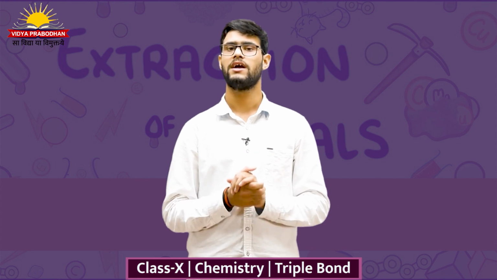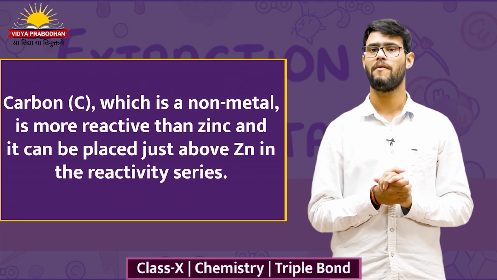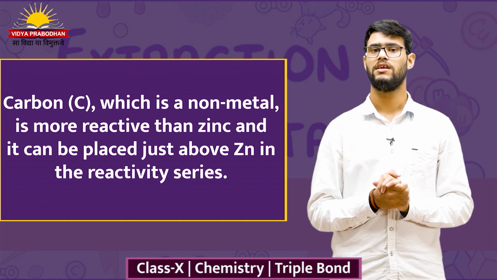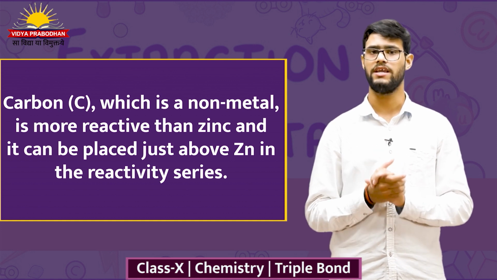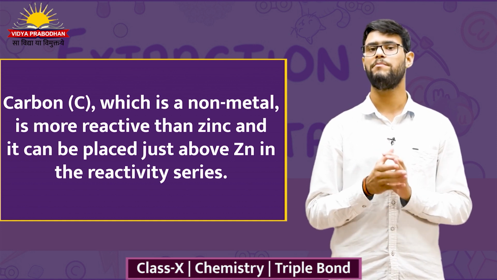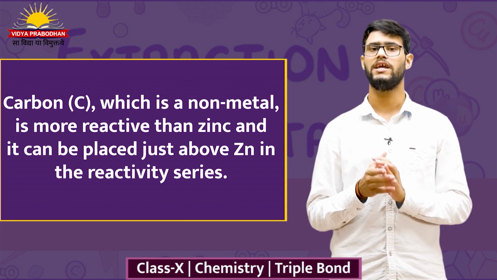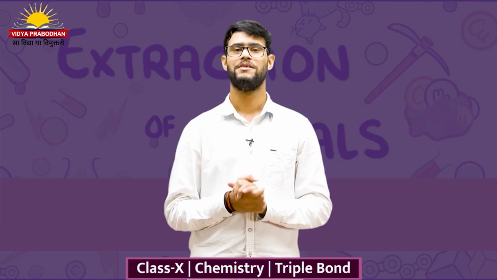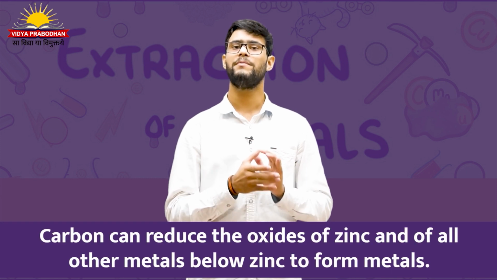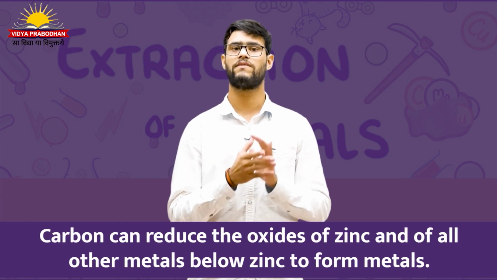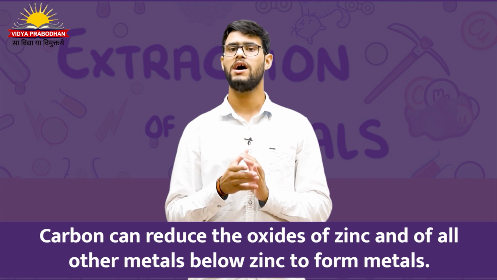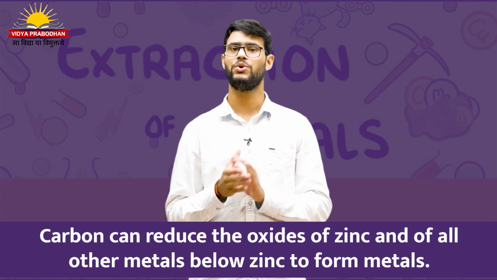Please note that carbon, that is C, which is a non-metal, is more reactive than zinc, and it can be placed just above zinc in the reactivity series. So, carbon can reduce the oxides of zinc and of all other metals below zinc to form metals.